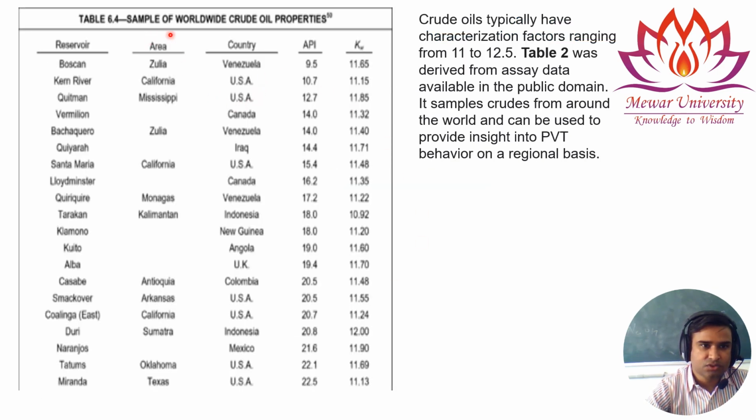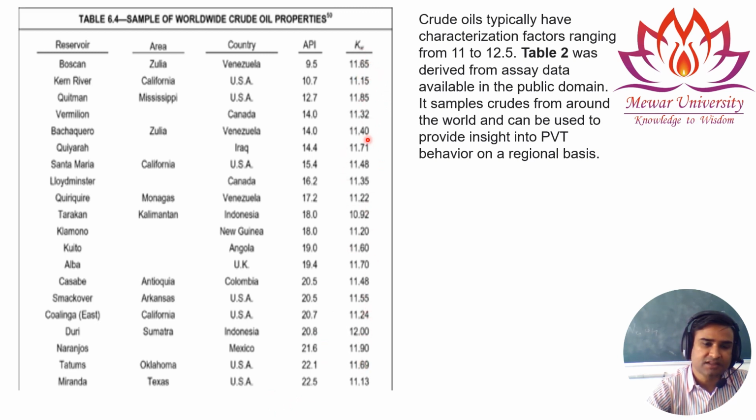The next table shows you a sample of worldwide crude oil properties. These are reservoirs obtained from different areas, like Boscan, Cane River, Quantum, Vampire. These are the different areas from where we got the reservoirs: Texas, Oklahoma, the crude received in the USA, Angola, Indonesia, all these. This is their API gravity and this is their Watson factor.